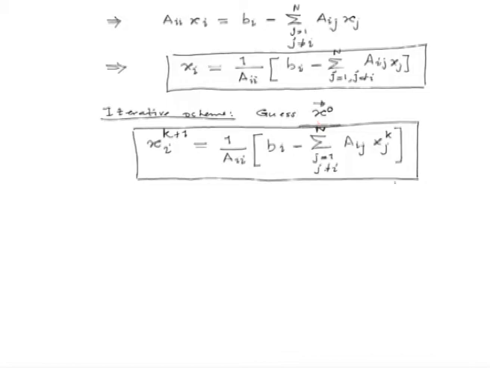And as we have noted, this scheme is very simple. At one moment we need only the entries corresponding to the ith row, that is the coefficients a_ii, a_ij for all j's, and we need the corresponding components.